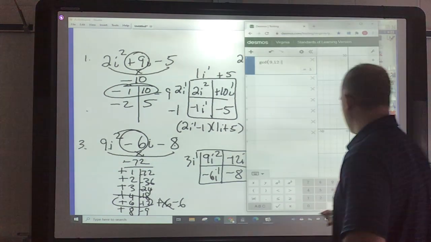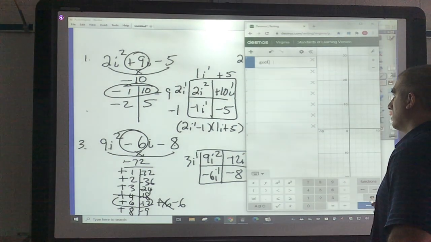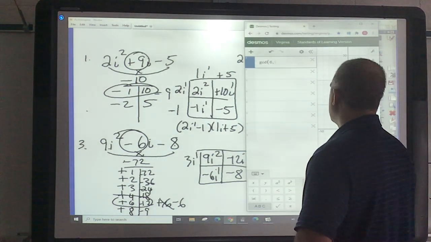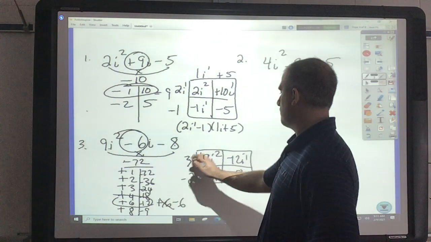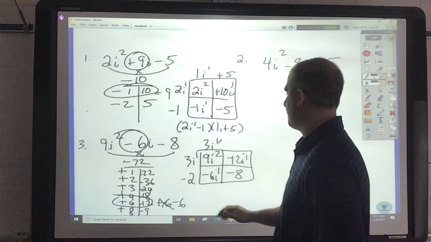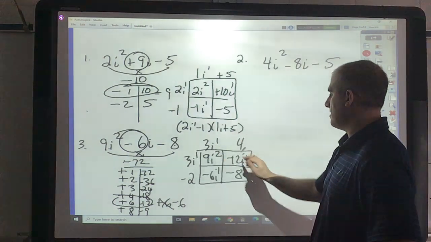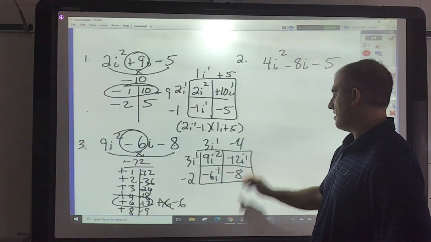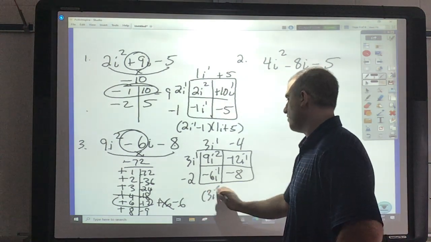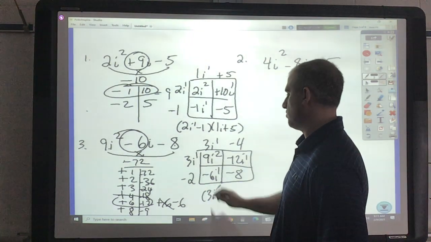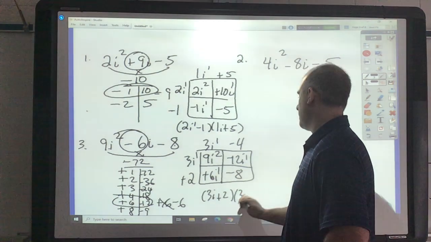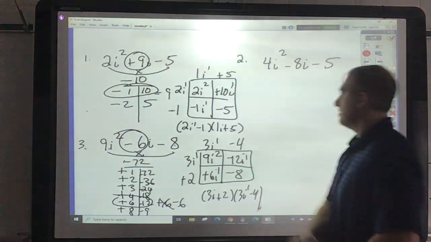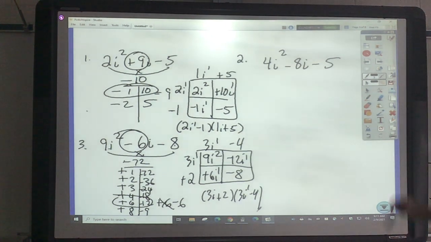Okay, let's do 6 and 8. It's 2. Since there's a minus there, I put a minus. 3 times 3 would give me 9, i to the first. 3 times 4 would give me that. They don't have i. So this is going to be 3i to the first. Whoops, sorry, that should have been positive. 3i to the first plus 2. 3i to the first minus 4. Okay? All right, let's go to this one.